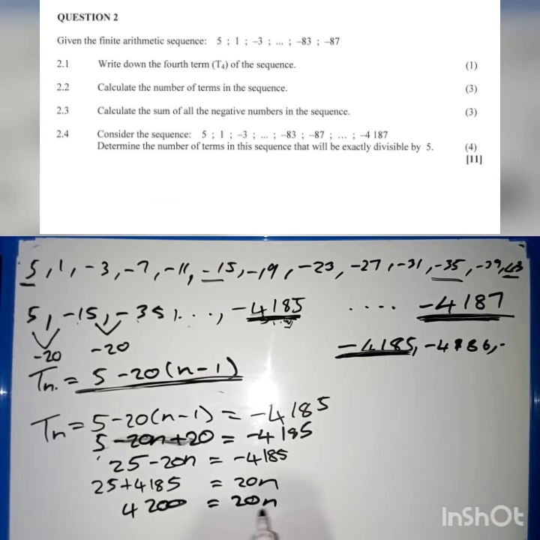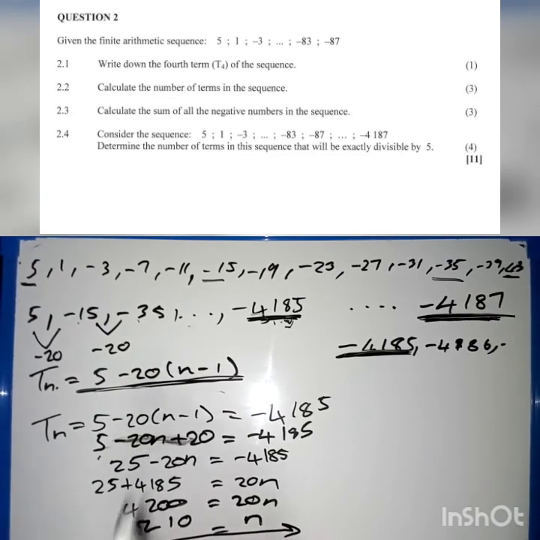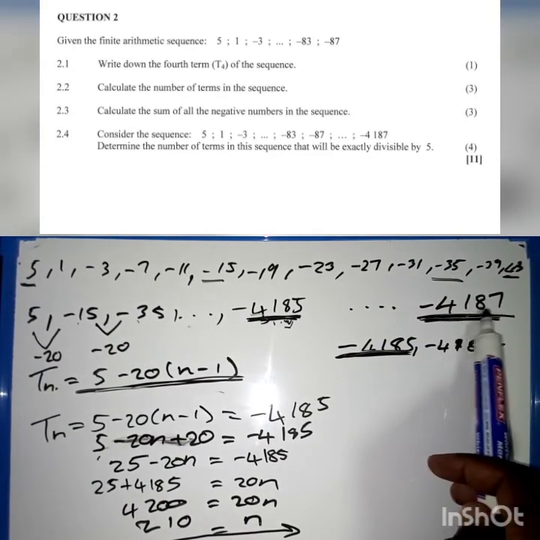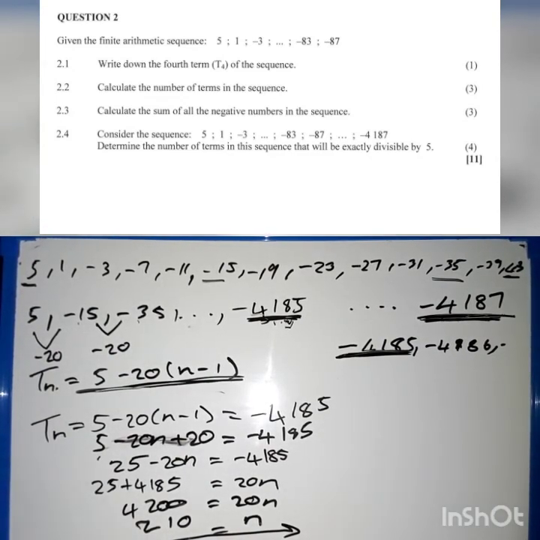And then we divide both sides by 20, and we get that n will be equal to 210. So the number of terms that are divisible by 5 between the 5 and the -4187 is 210. So that's the final answer. Alright, cool.